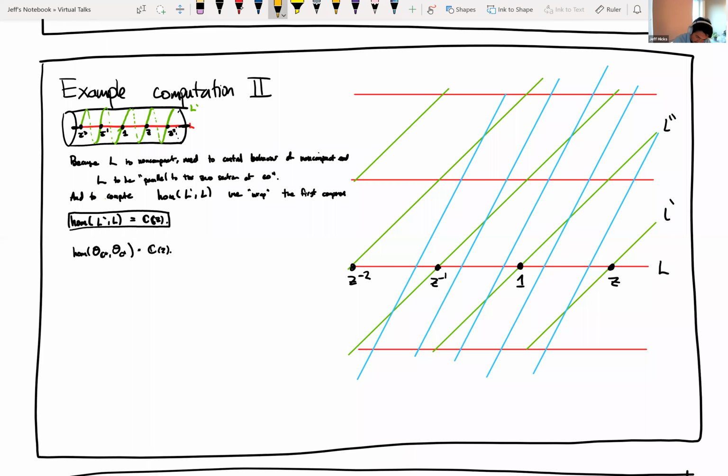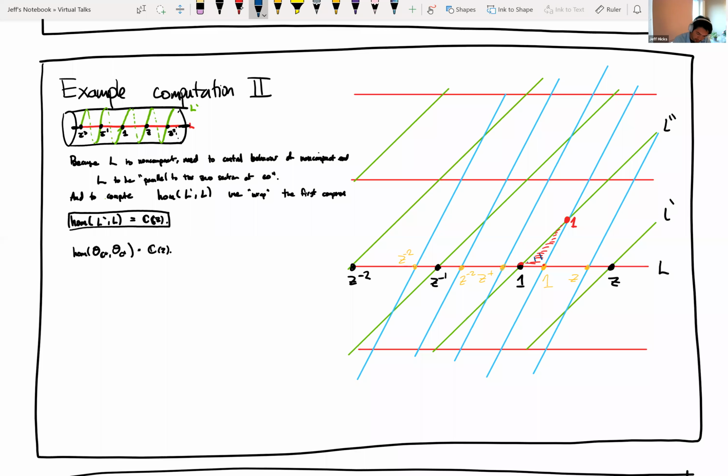Now let's do the same thing with the intersections between L double prime and L. And we can see, if you count this index appropriately, that something like 1 times 1 is going to be 1 on the intersection between L and L double prime.